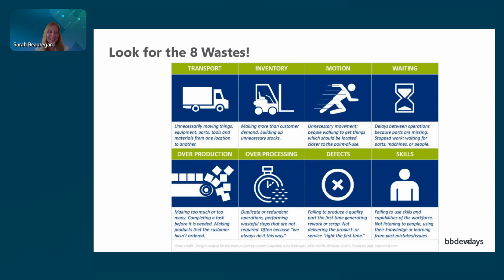The 8 wastes is a concept within Lean Six Sigma, which is an industry standard process improvement methodology that's focused on streamlining processes. So how do you make processes more efficient? It really helps us to look for ways to reduce how long a process is taking or why we have errors that are occurring. These are good places to look in your current process.